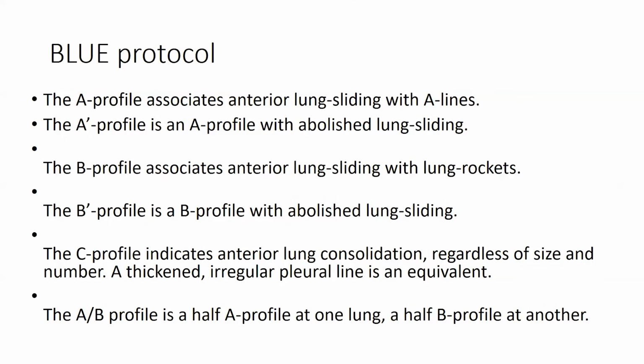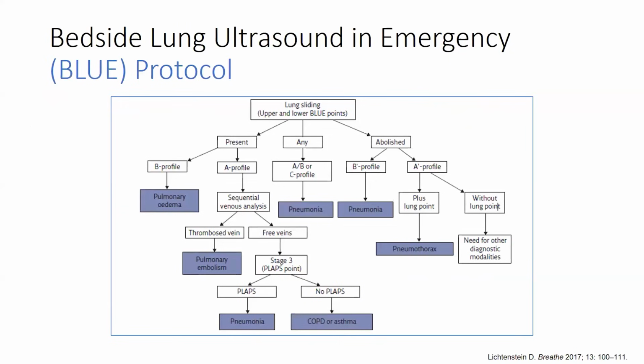C profile is seen in cases of lung consolidation, regardless of the size and number. A thickened irregular pleural line is an equivalent. If there is an A/B profile, that is half A profile at one lung and half B profile at another, that also indicates pneumonia. We see that again in this flow chart. Now, depending upon the different terminologies that we have understood, let us try to understand how we will come to a diagnosis.